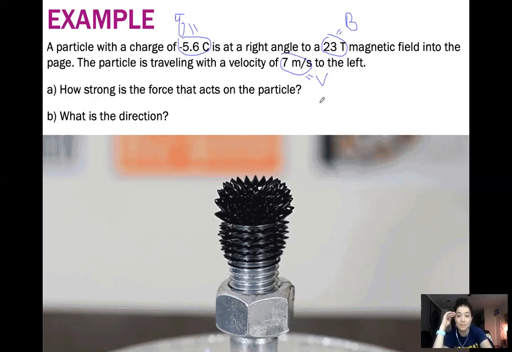So to find my force, we're going to take QV times B. My magnetic force equals 5.6 times 7 times 23.